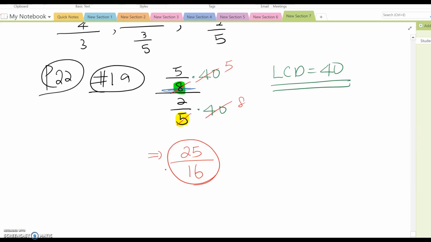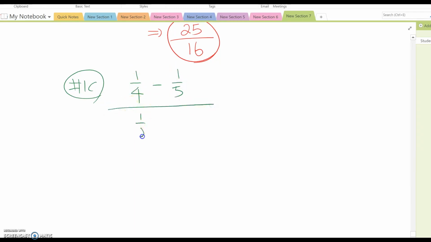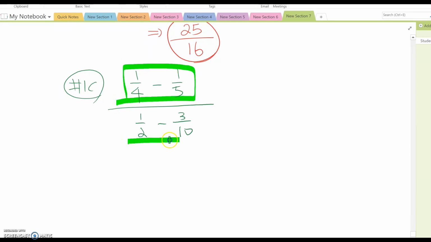Okay, look at another question, number 1C. The question is 1 over 4 minus 1 over 5, over 1 over 2 minus 3 over 10. This is another complex fraction form. This is the numerator fractions and that's the denominator fractions.